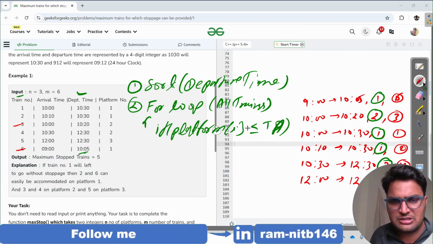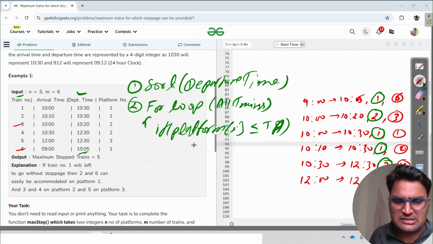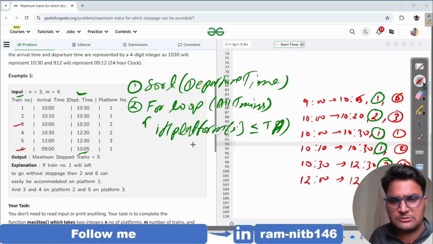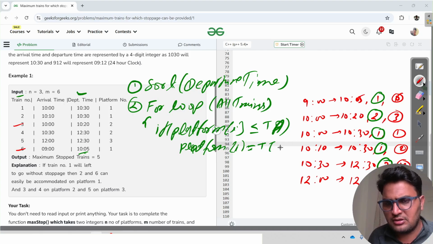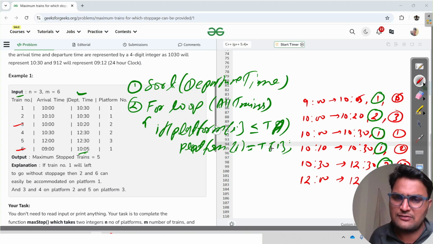If that is the case, we can accommodate the train on that particular platform. So if the condition is true, platform of i is less than or equal to the arrival time of that particular train, then we update the time: platform of i equals the train's departure time, because the departure is at index one.